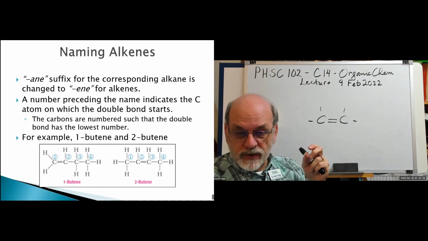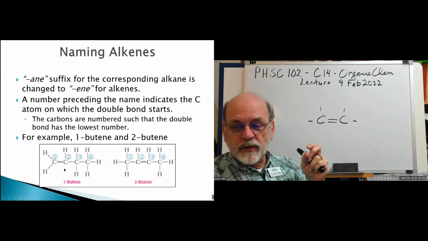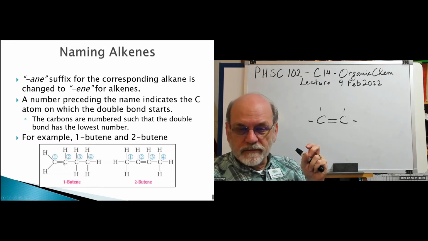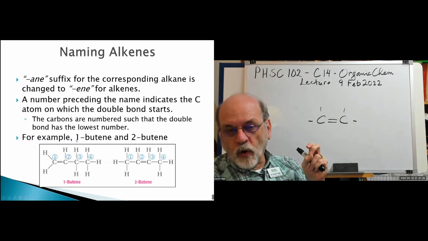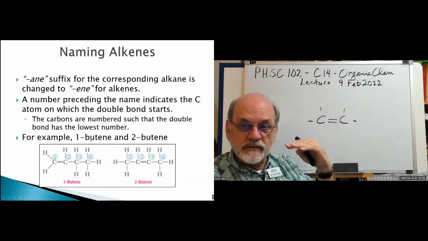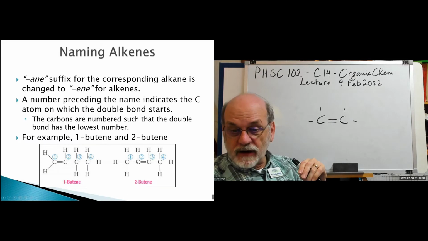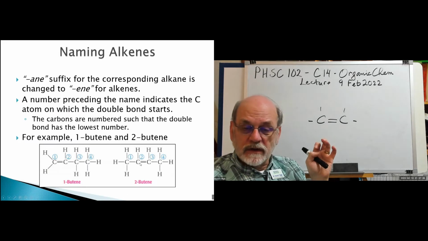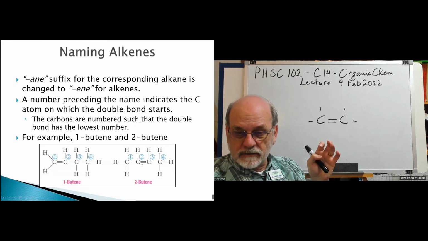So in this case, we've got butane to start with, and we put a double bond between 1 and 2. So we say 1-butene, right? We try to keep the numbers as small as possible. The second one is an example where we start the double bond at 2. So 2-butene is this one.